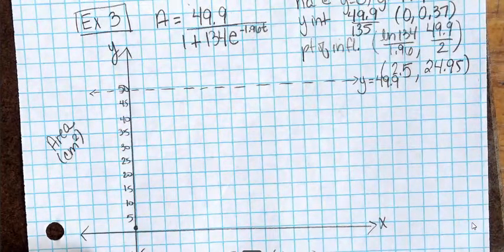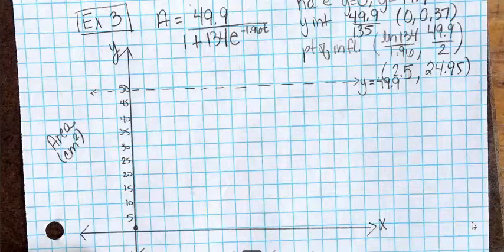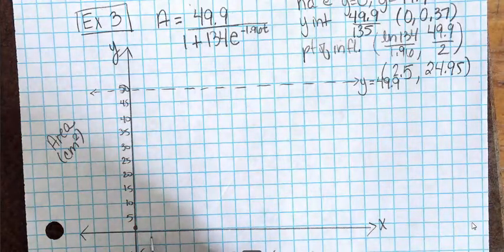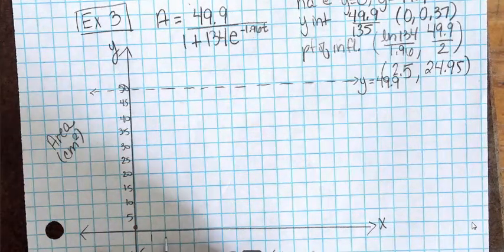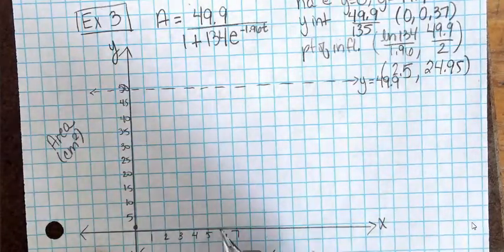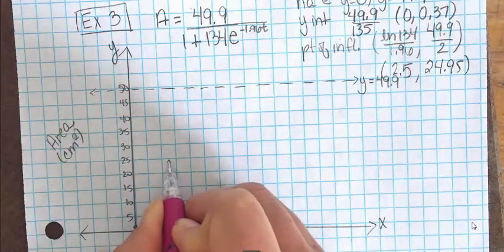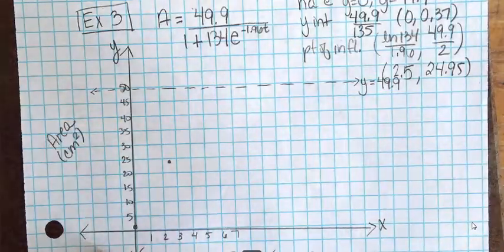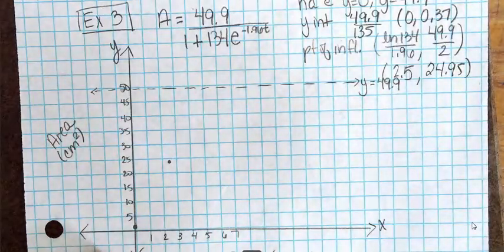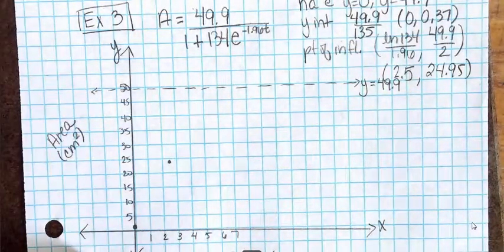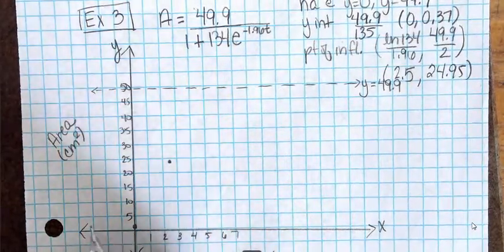I've got a point of inflection at 2.5. So for days, I'll go 1, 2, 3, 4, 5. Good enough. So at 2.5, I'm about right here. And that's my point of inflection. And I can plug in other points so I can figure out what's happening afterwards. I'm just going to go ahead and use my asymptotes to help me.